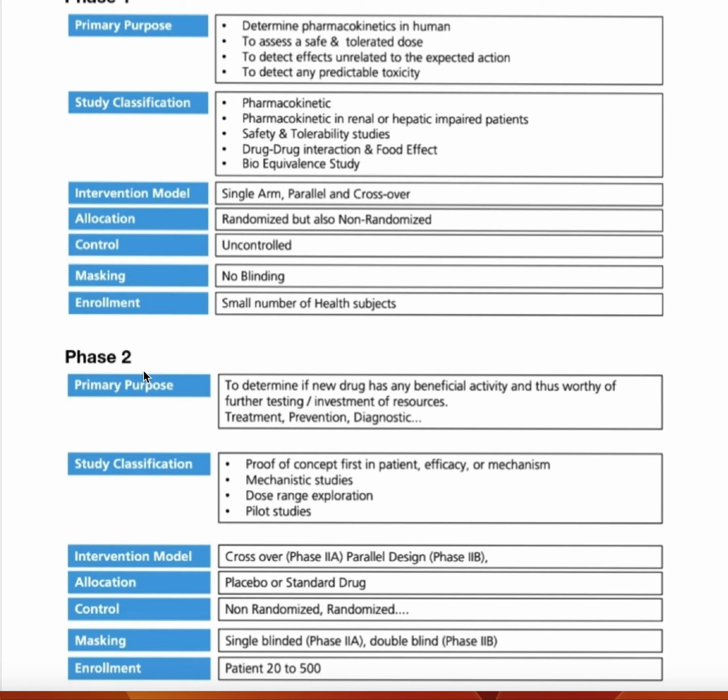So I'm sorry, the enrollment in phase 1 was a small number of healthy subjects, actually 10 to 100. But in phase 2 we use 100 to 500, or 20 to 500, because the numbers differ between many sources.